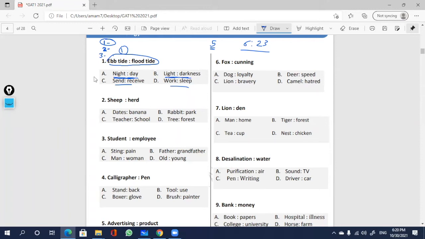Then you compare them with the words given in the question, and you will find some similarities and differences. According to that, you will be able to choose the best answer.